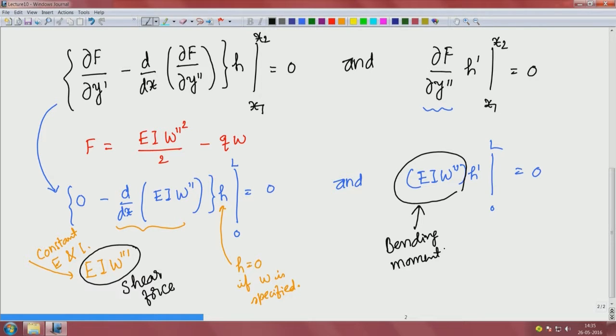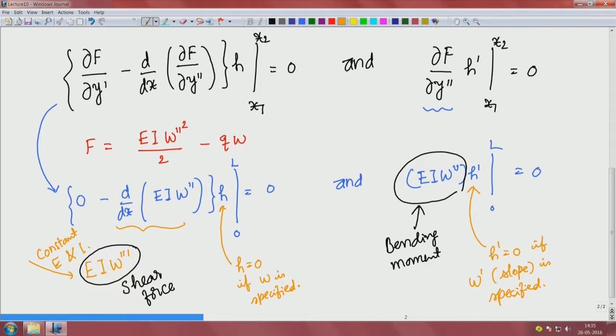So, if you look at this h prime, this h prime is equal to 0 if w prime, that is the slope of the beam, is specified.